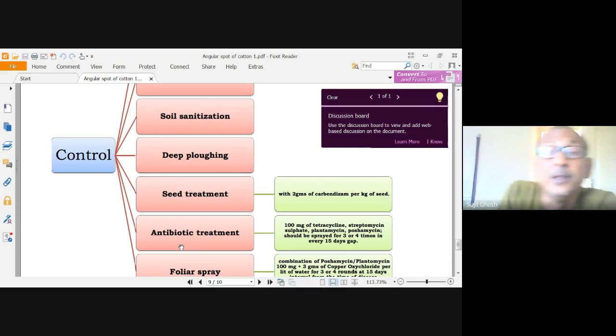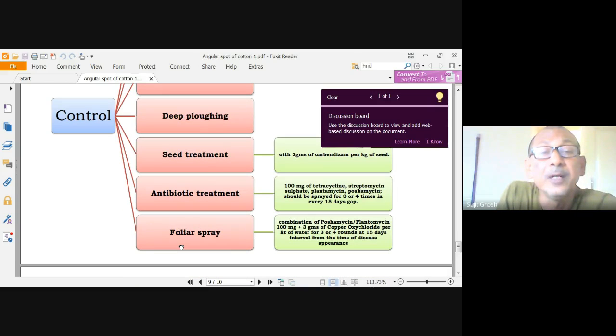Foliar spray again includes fosfomycin and plantomycin at a concentration of 100 milligram, and 3 milligram of copper oxychloride per liter of water, at 15 days interval in 3 to 4 rounds, which stops the appearance of any symptoms.